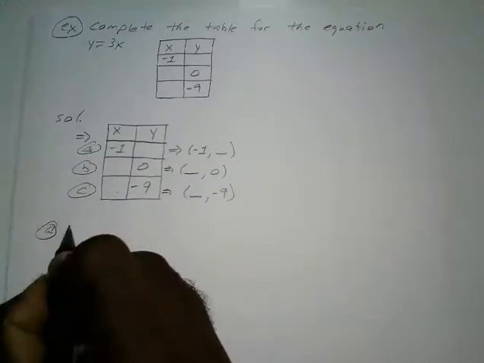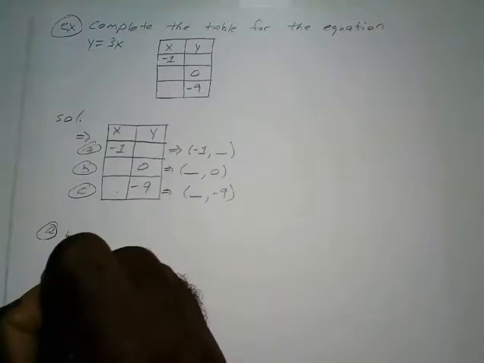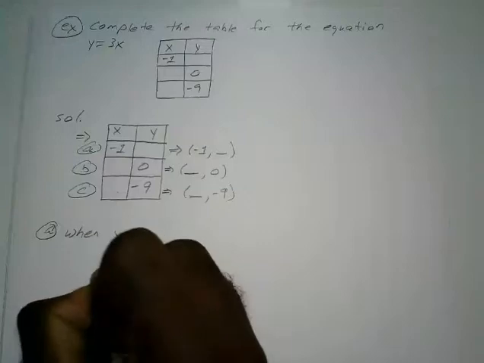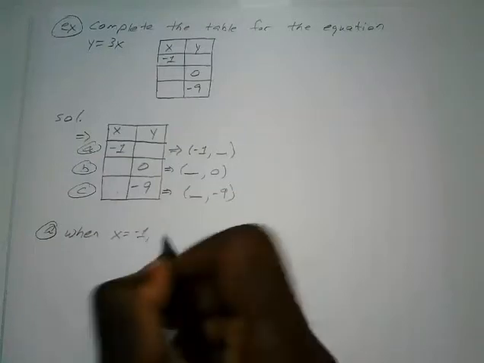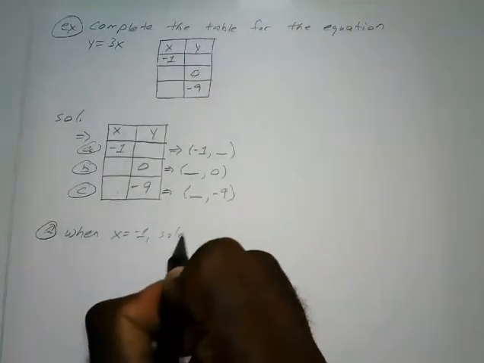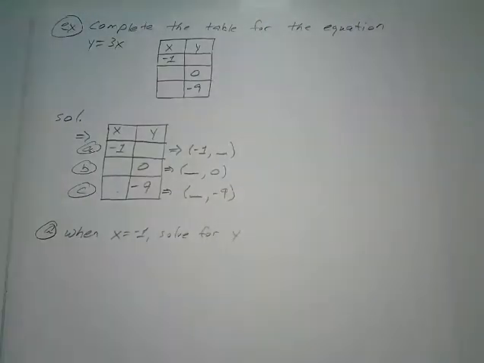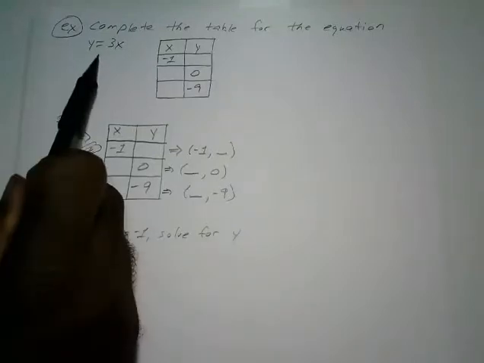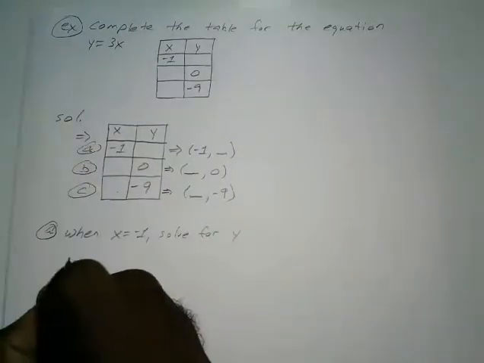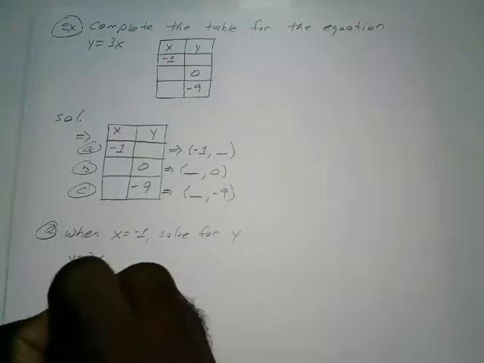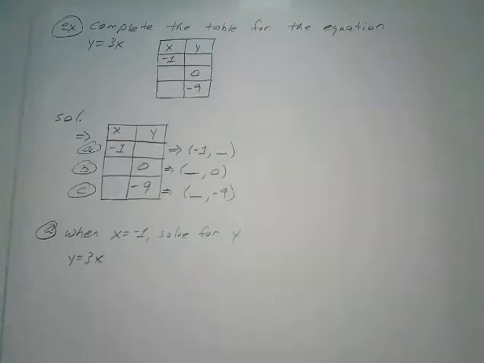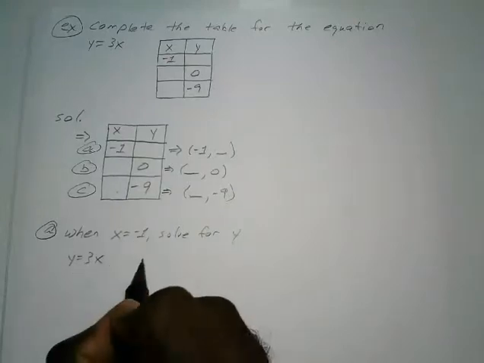So for A, remember that's just saying when x equals -1, solve for y. Okay, so remember we started off with y equals 3x, and we know that x is -1.